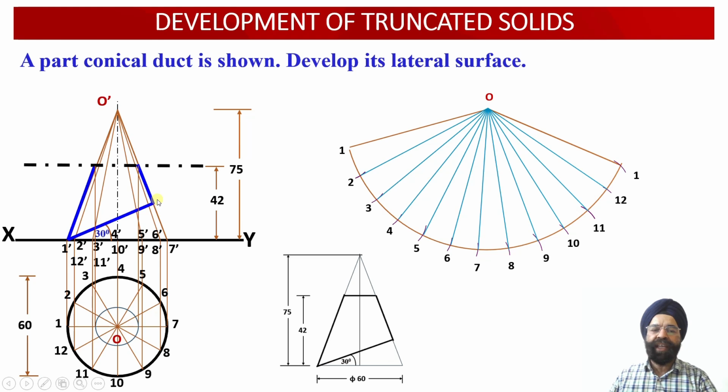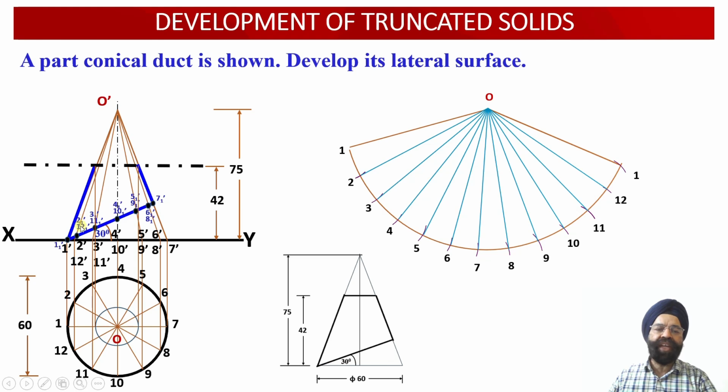So let us mark out these 12 points of intersection as they are obtained by the intersection of this auxiliary inclined plane with the slant generators of the cone. So we'll find that the intersection of the slant generator O1 with this AIP happens to be 1'. So this is the first point of intersection.